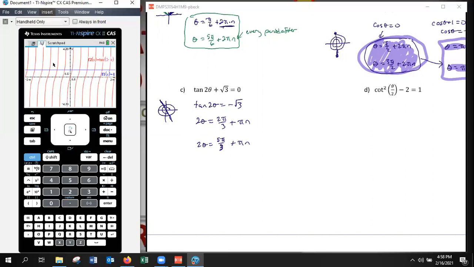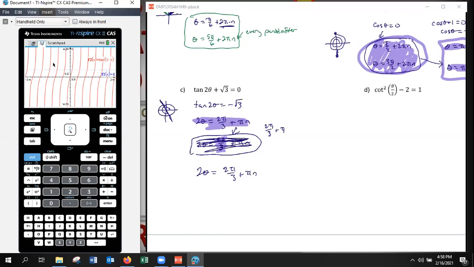So if you notice, this expression actually is the same thing as this expression, because if n equals 1, this will now be 2 pi over 3 plus pi, which is already 5 pi over 3. So with tangent, it tends to be geometric. We don't have to write all the solutions because it's already built into this part of the expression. So for that reason, I'm going to scratch this out and say we're not going to use it. We'll go back to 2 theta equals 2 pi over 3 plus pi n.